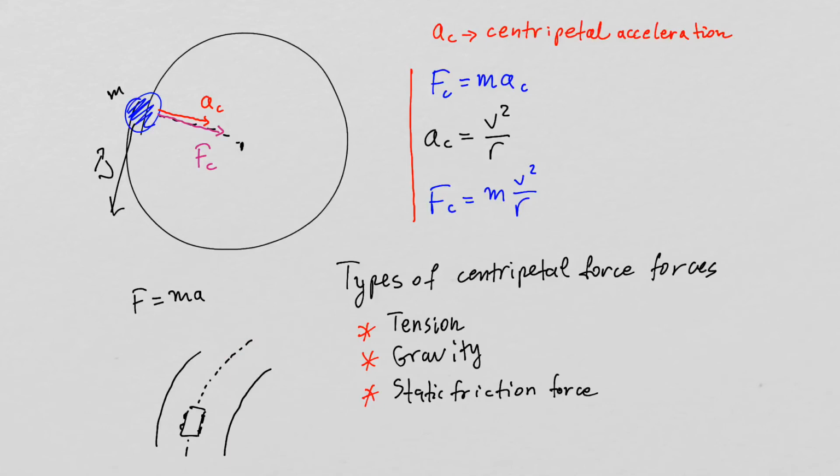So there must be a centripetal force acting on the car towards the center of the circle, which is somewhere here. And so the centripetal force will be directed like so. And what is this centripetal force? Well, this is the force of static friction.